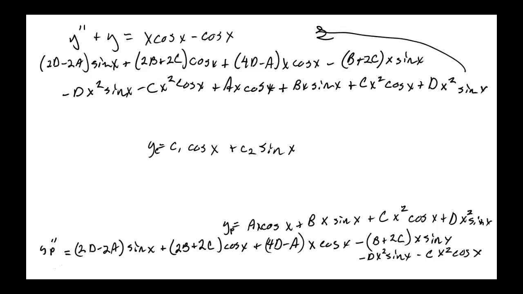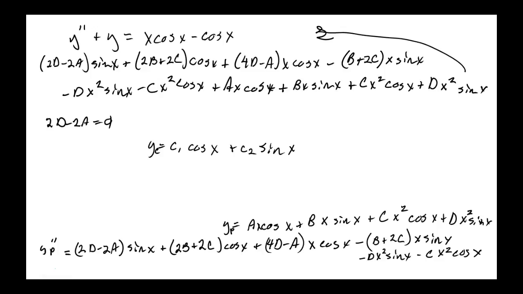We know that from here, 2d minus 2a is equal to 0, because there is no sine x term up above. What does that tell us? A is equal to D.